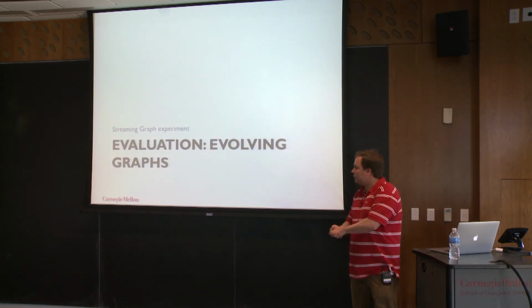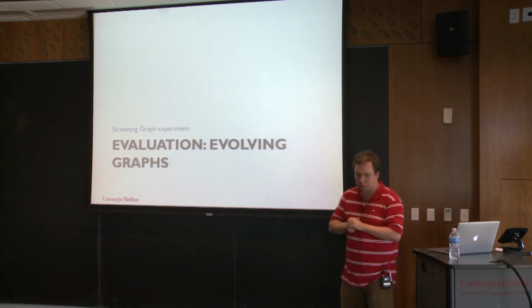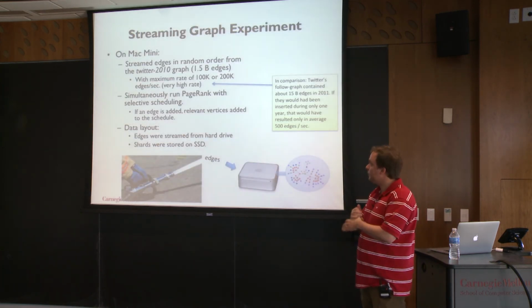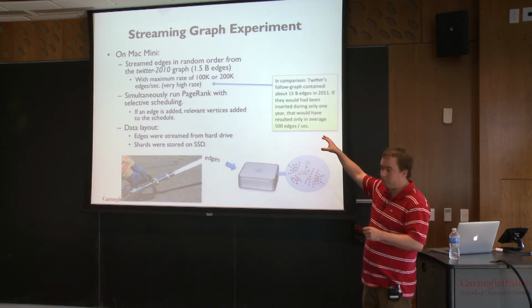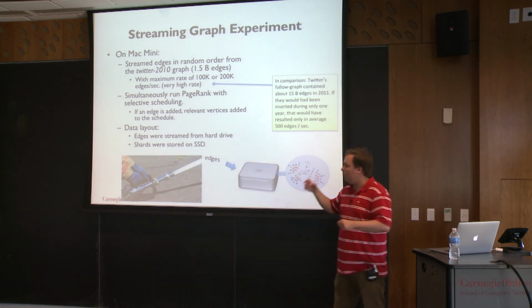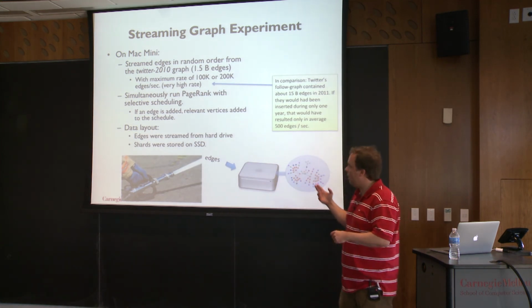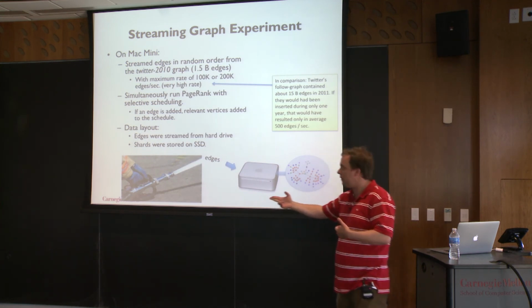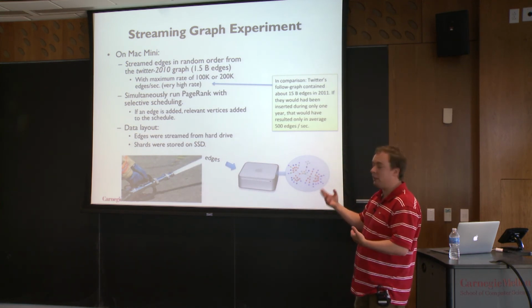So let's evaluate this. To evaluate this, we made a quite simple streaming graph experiment. So we started with a subset of the Twitter graph, or older Twitter graph. And then from hard drive, we loaded either 100,000 or 200,000 edges per second and inserted them into the graph, while at the same time running PageRank.